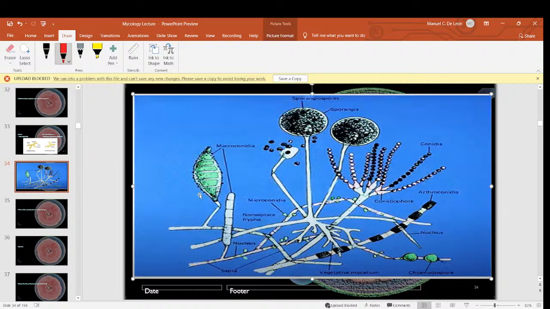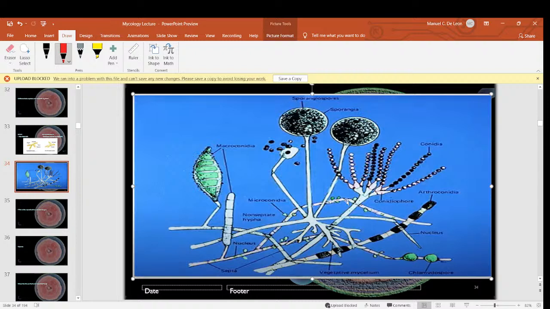All right, so macroconidia is different because it has its own segmentations. It's septate by itself. Even the cigar-shaped or club-shaped form has its own septations. Microconidia, on the other hand, are just small pockets of reproductive units that form along the hyphal structures.